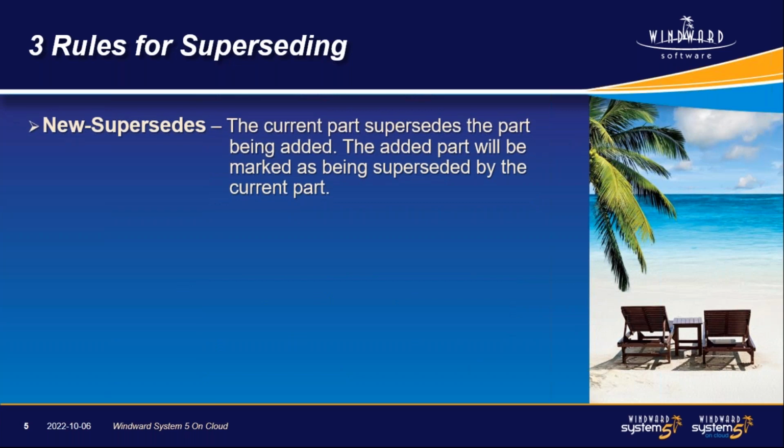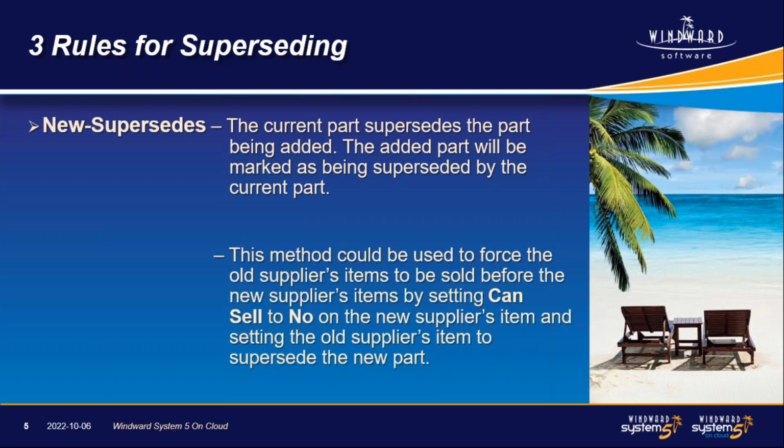Next is the new supersedes. That means the current part supersedes the part being added. The added part will be marked as being superseded by the current part. This method could be used to force the old supplier's item to be sold before the new supplier's items by setting cancel to no on the new supplier's item and setting the old supplier's item to supersede the new part.